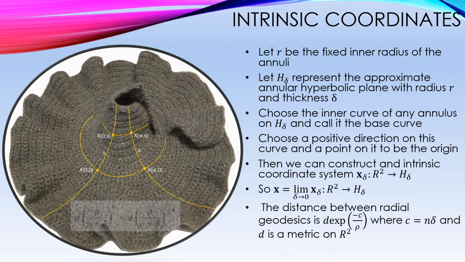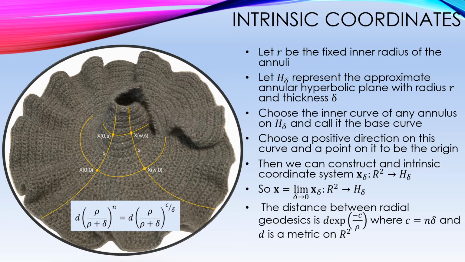So if we cross n annuli, the distance between two radial geodesics at some distance c, which we can define to be equal to n times delta, where remember delta is the thickness of any annulus, from the base curve, is given by the formula d, which is some metric on R squared, times rho over rho plus delta to the n power.